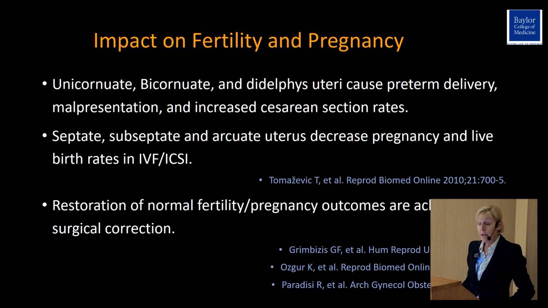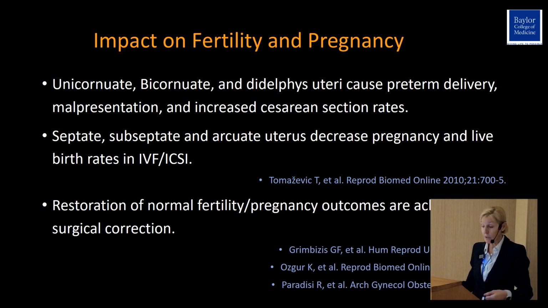surgically on them. As opposed to the septate, subseptate, and the arcuate uterus, which, the last two, the subseptate and arcuate uterus, do not really exist anymore based on the new classifications, and so we will touch upon them as well. But they can decrease pregnancy and live birth rates, both in IVF and also in the spontaneous pregnancies.